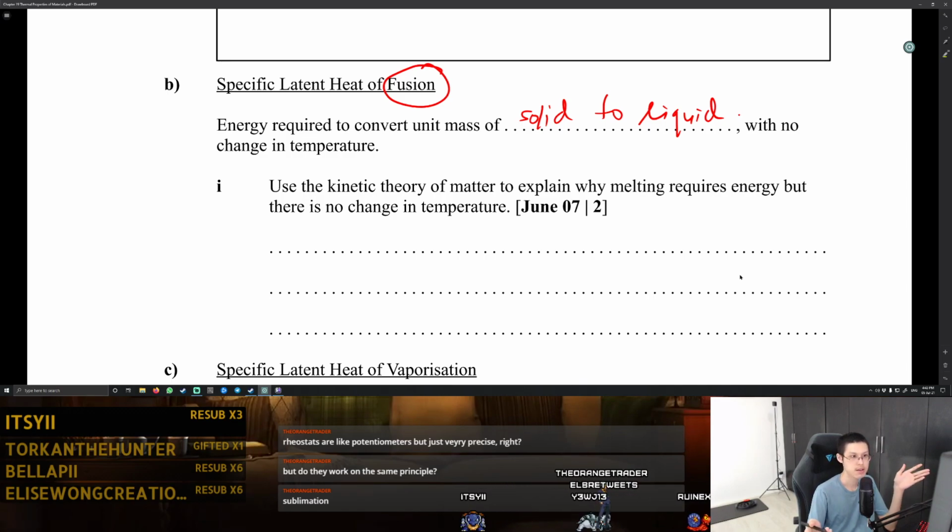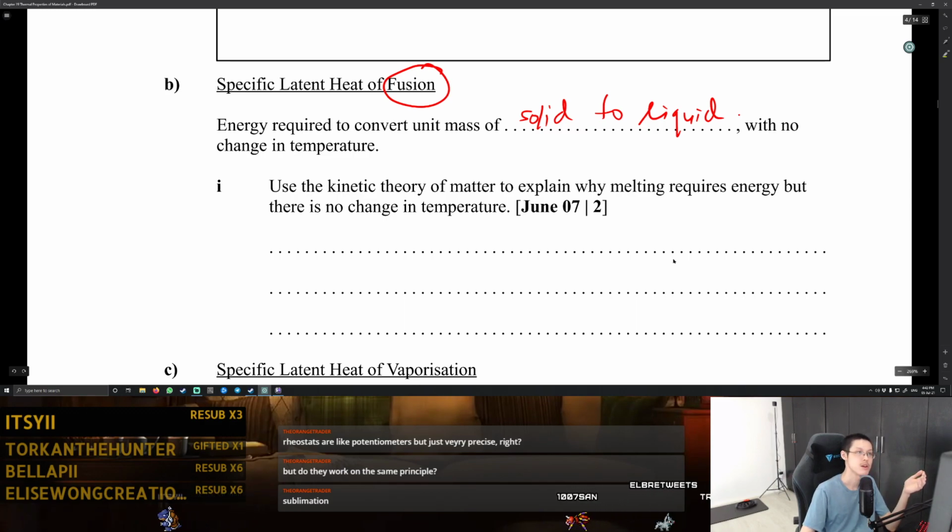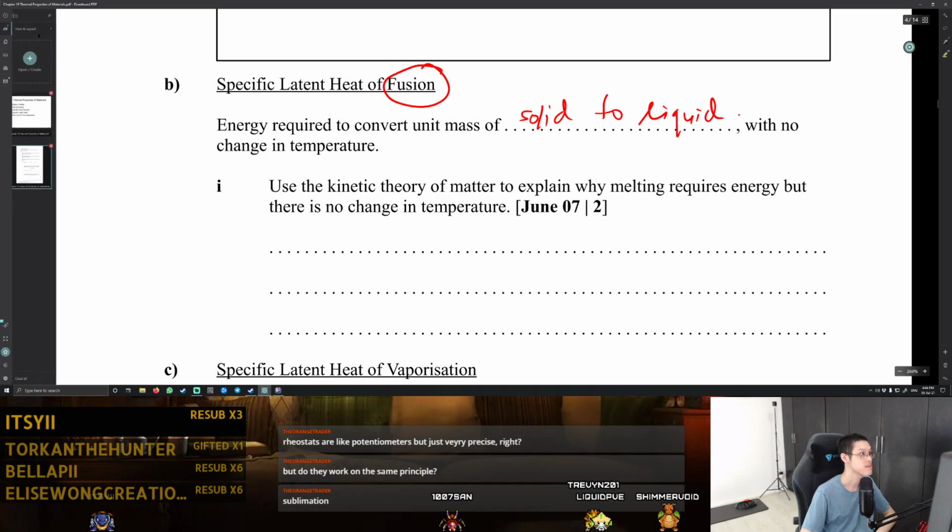Usually yes, but when it is on the verge of a phase change, the energy is actually being used to overcome the bonds holding the molecules together.